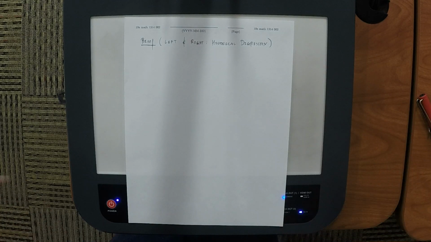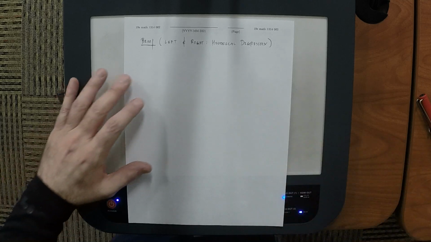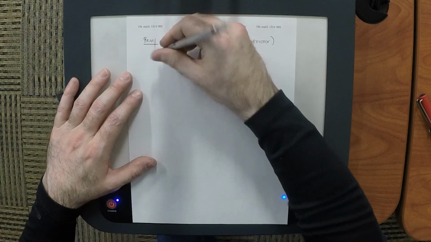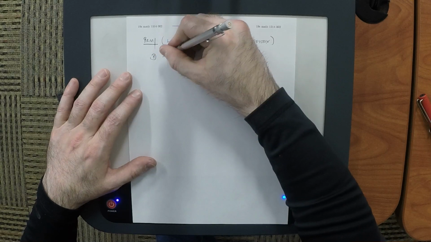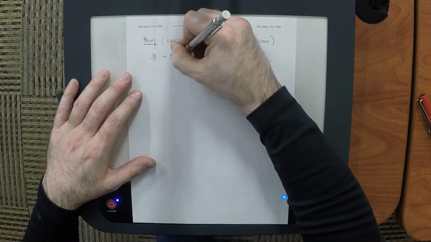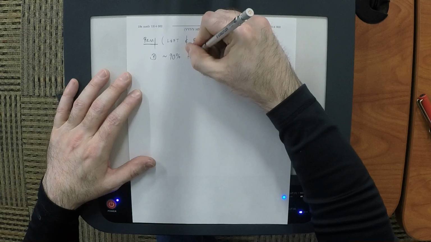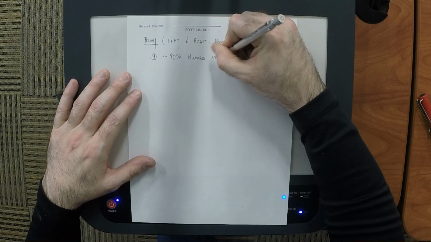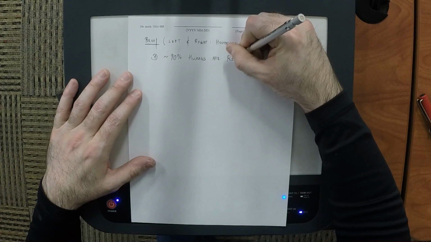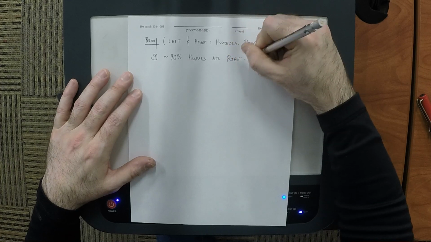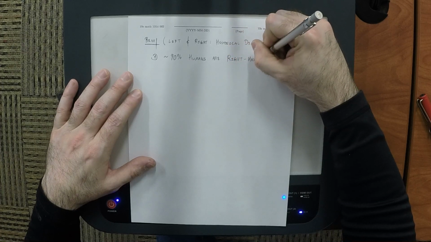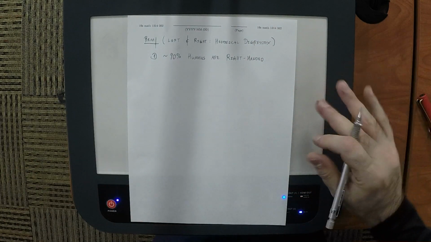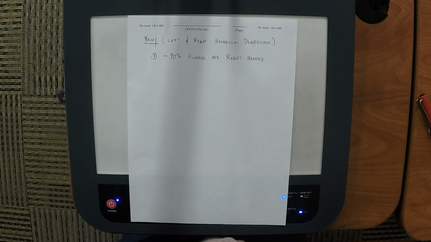Okay, so the names are arbitrary. Fine, but in the first place, about 90% of humans are right-handed. Okay, not moralizing. I'm just saying that that's approximately true.